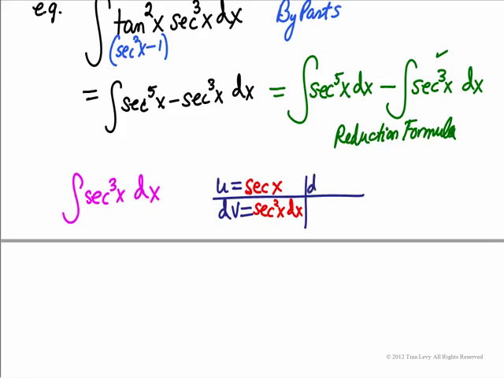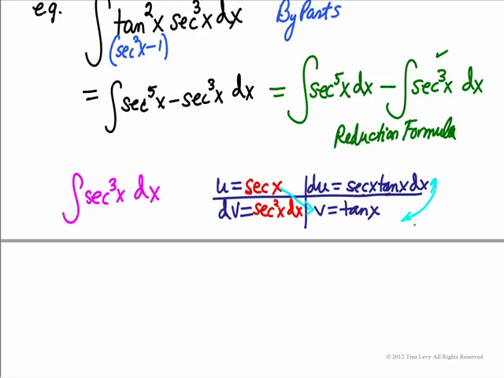Du, the derivative of secant, is just secant x tangent x dx, but the antiderivative of secant squared is tangent x. Working this, it's this minus the product of this.